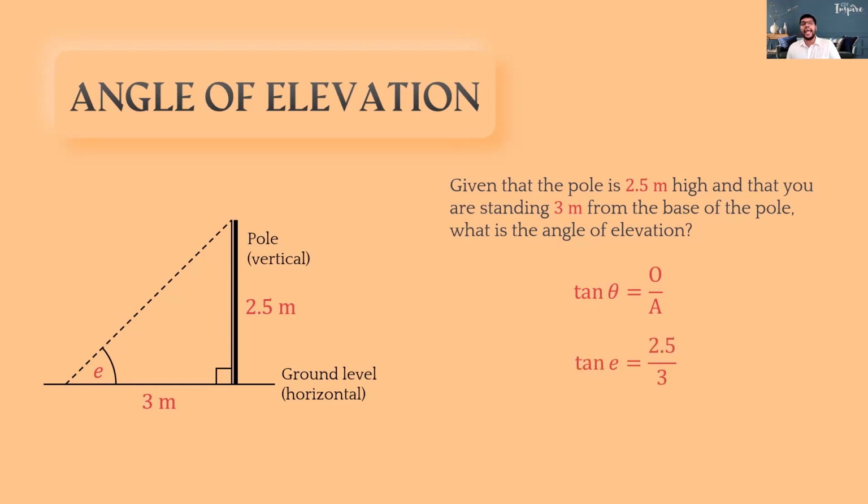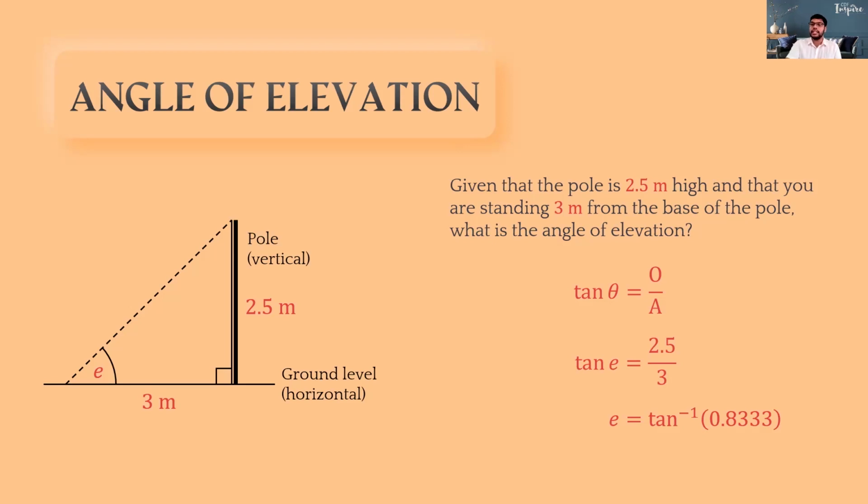So children, tan E is 2.5 over 3. 2.5 divided by 3 to 4 decimal places is 0.8333. Now you take tan inverse of 0.8333.